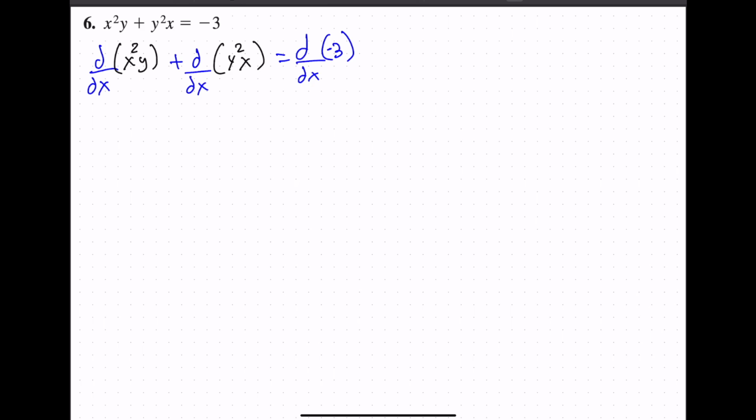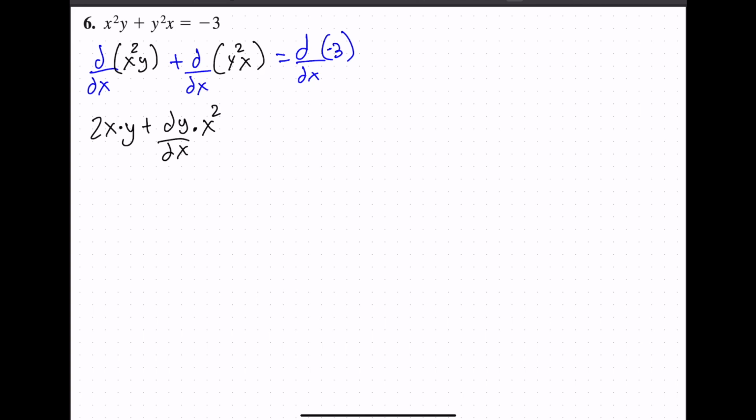So the derivative of x squared is 2x times y, plus the derivative of y, which is simply dy/dx, times x squared.